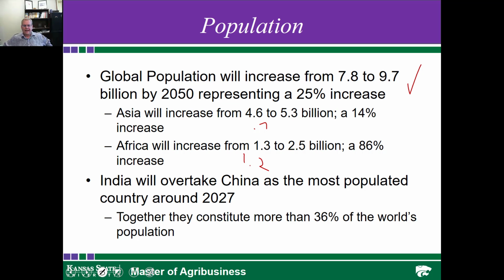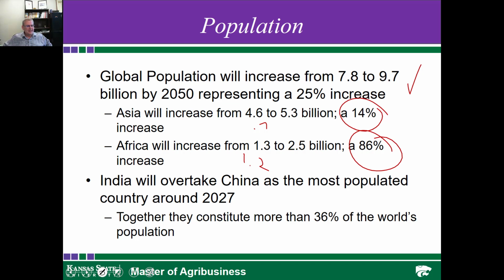And so, again, if you add those two together, and it's not perfect math, but essentially all the people that are being added to the Earth's population are going to be in Asia or Africa. In Asia, that's a 14% increase. In Africa, it's an 86% increase.